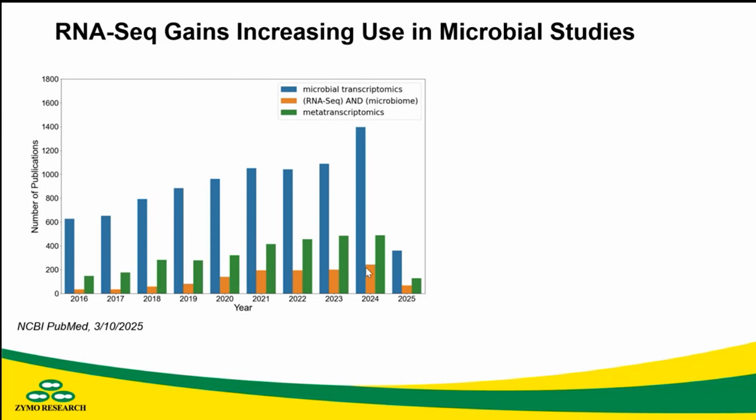So without further ado, let's just jump to why we think that there is an increasing use of RNA-Seq in microbial studies. So looking at the y-axis here, and let me see if I can make it a pointer. And indeed I can. So on the y-axis here is the number of publications. On the x-axis here, you're looking at individual years covering the past 10 years.